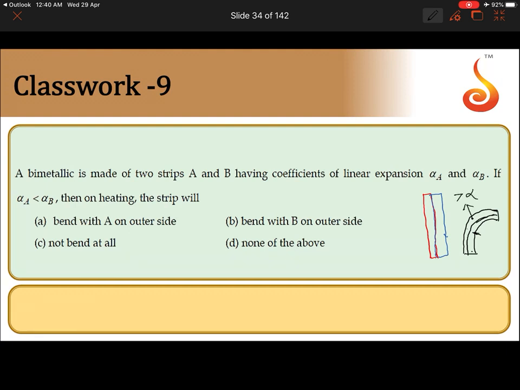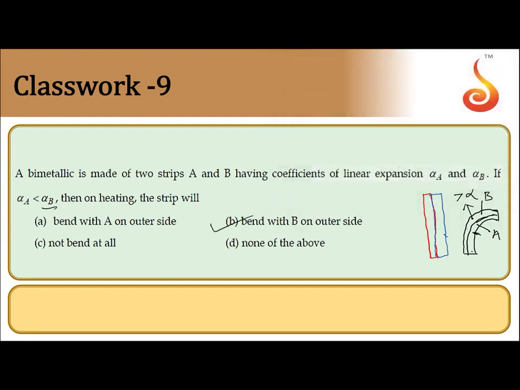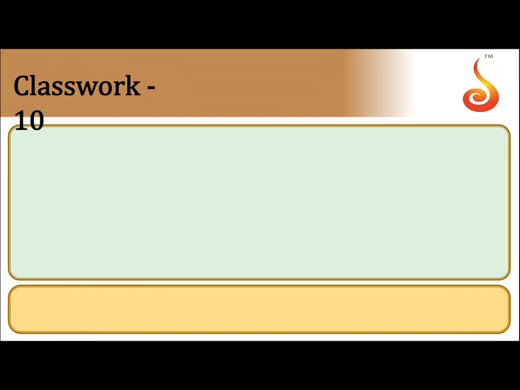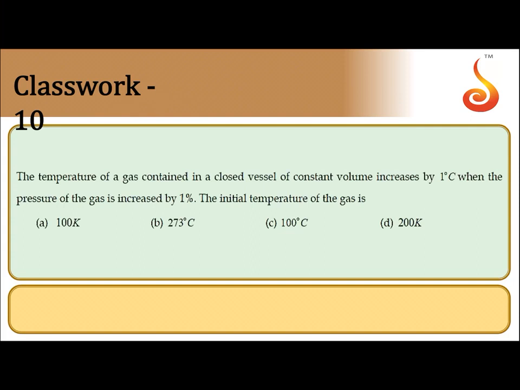So greater value of alpha is for B, so the outer one should be B, inner one should be A. So it will bend with B on outer side, that is option B. Must be B. We shall move on to next one.